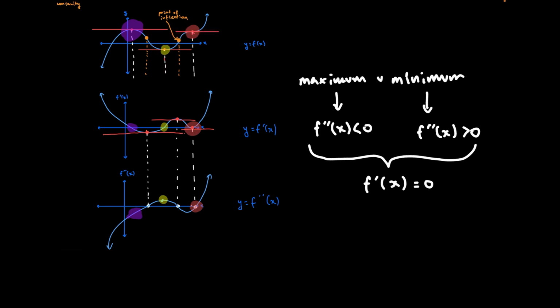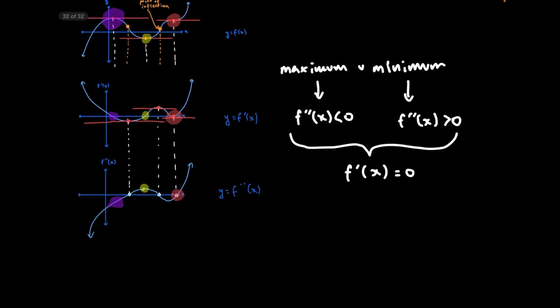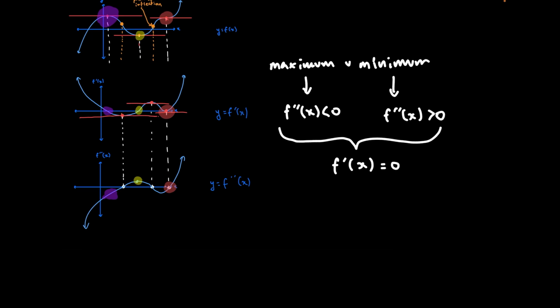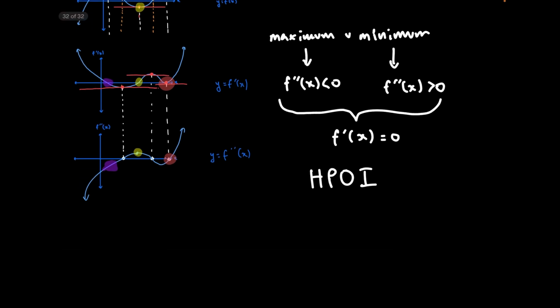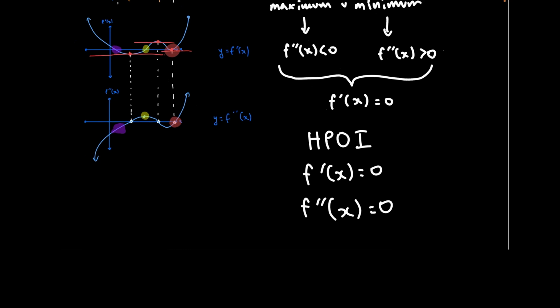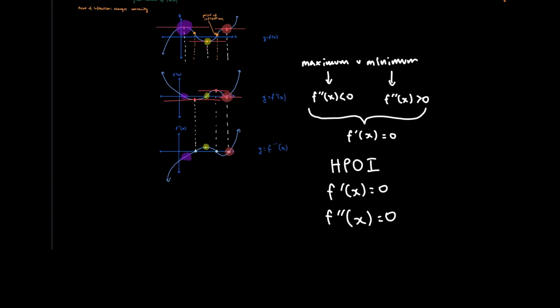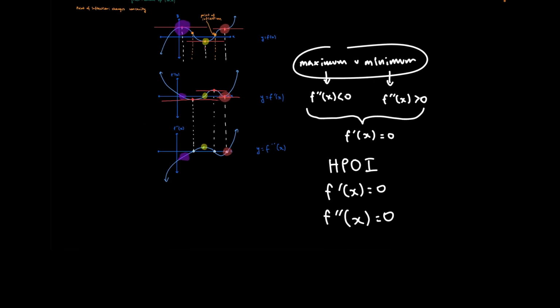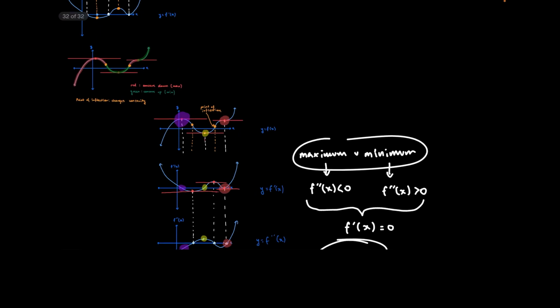It was simply just a flat point of inflection. So hence, for a horizontal point of inflection, we can see that f dash x is equal to 0, and we can also say that the double derivative is equal to 0.